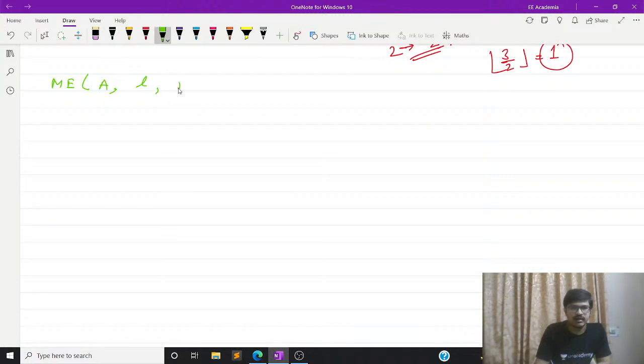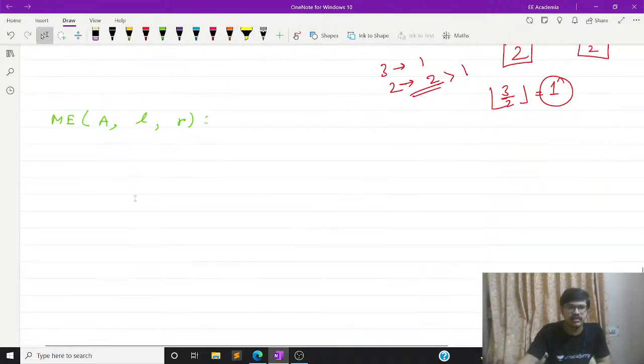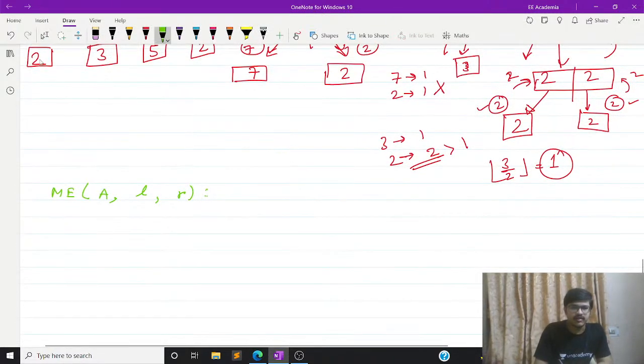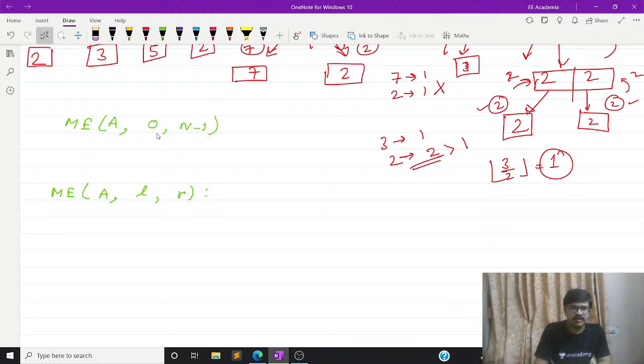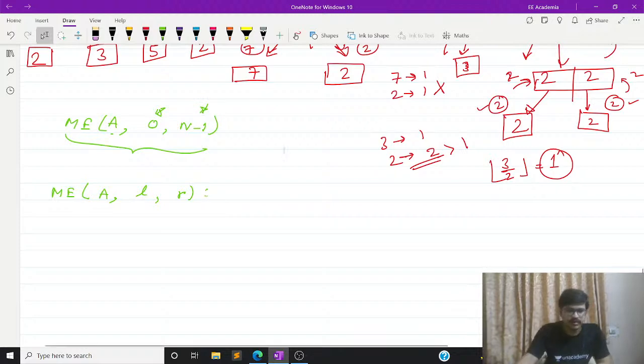The first call would be majority element of A, 0, n minus 1. This is the standard procedure for divide and conquer approaches: you pass the array and the initial and last index of the array.